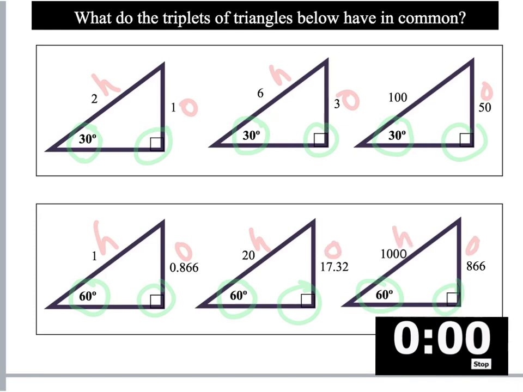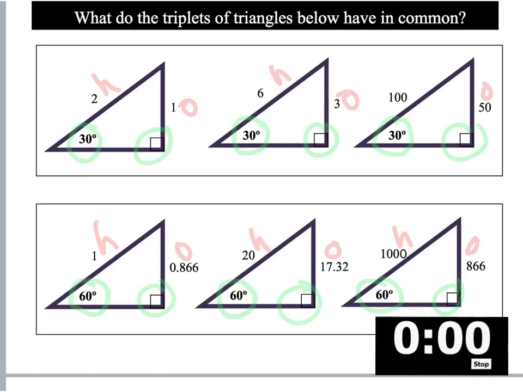Now what you may not have noticed, but hopefully you did, is that the ratios of the opposite to the hypotenuse, comparing the triplets of triangles, are the same. For example, at the top left we've got 1 and 2.